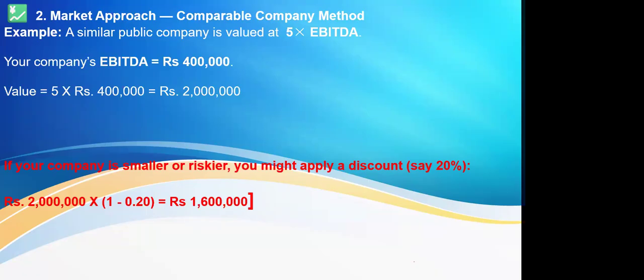So you are the seller. You can tell, yes, my company, I am selling at 5 times the profit after tax. There is no hard and fast rule saying you have to multiply by 5 times. It depends on the market where you are in and the earning power.